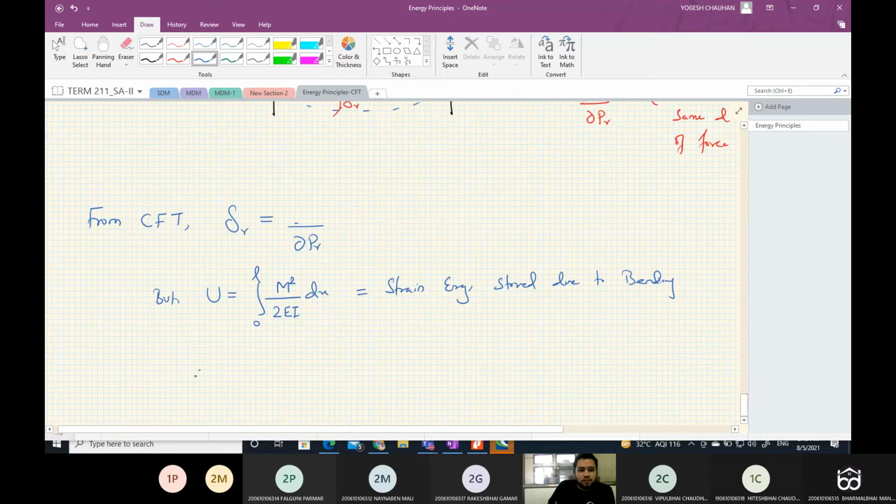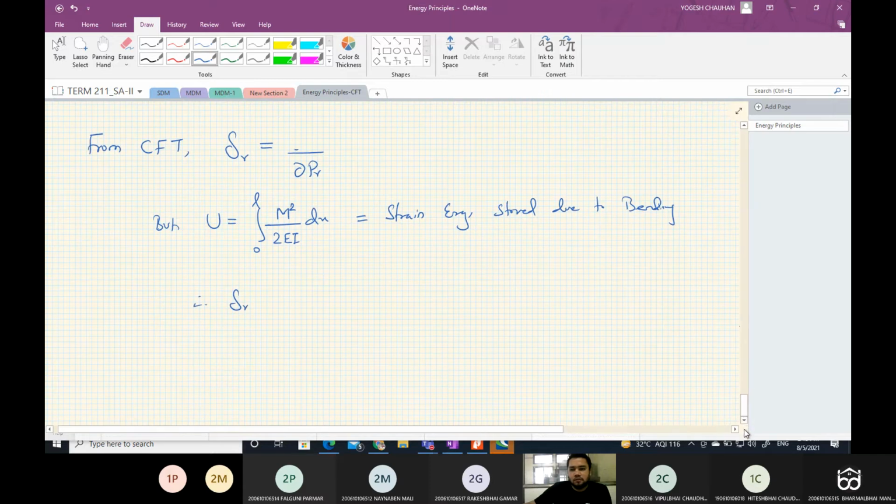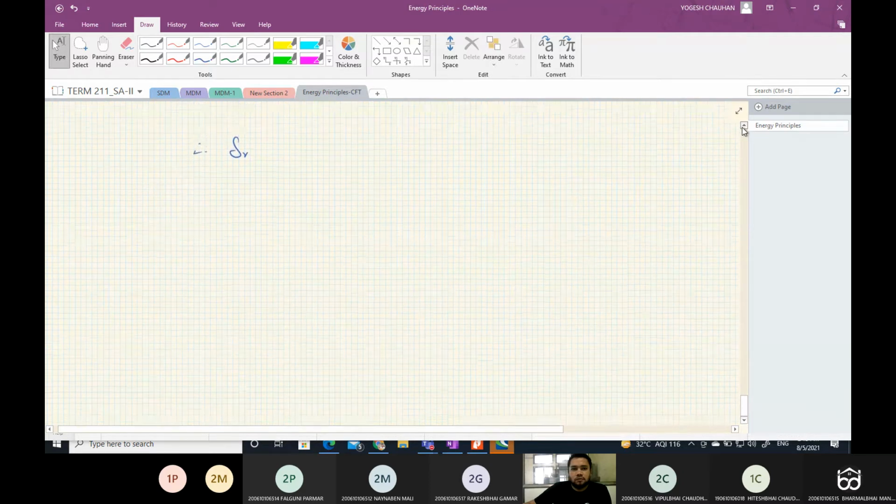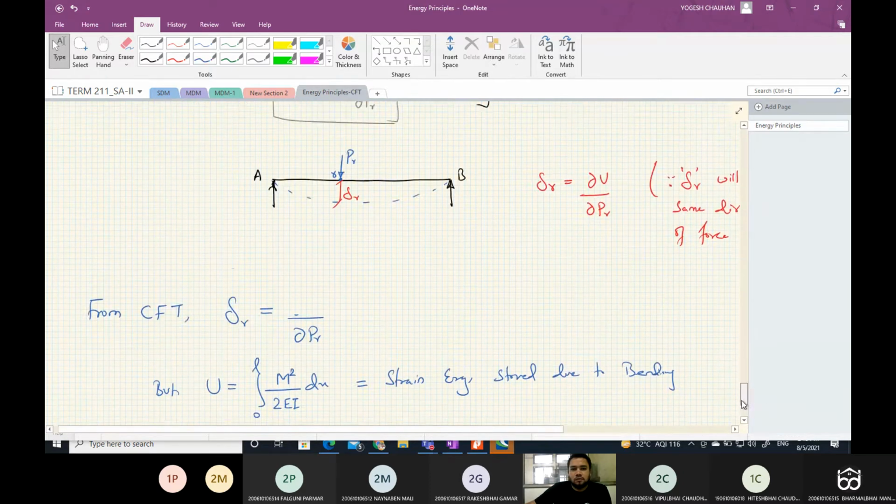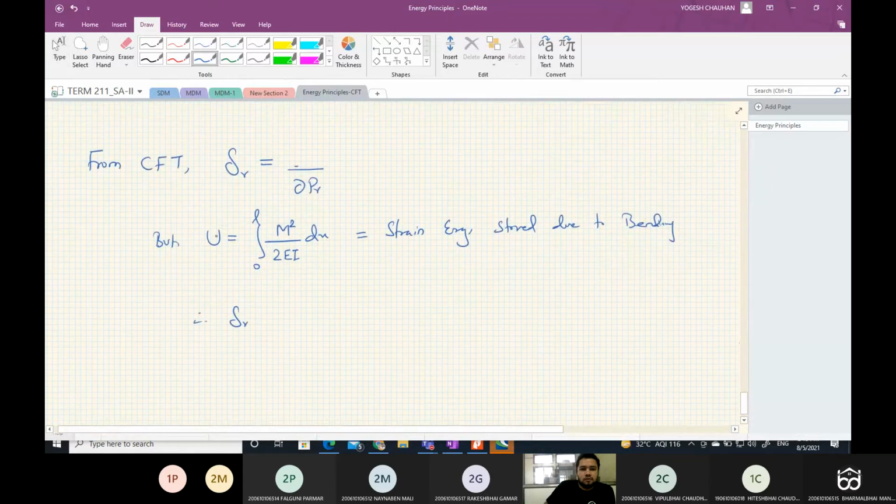So we can write therefore delta R will be equal to del by del PR of integration from 0 to L of M square by 2EI dx.